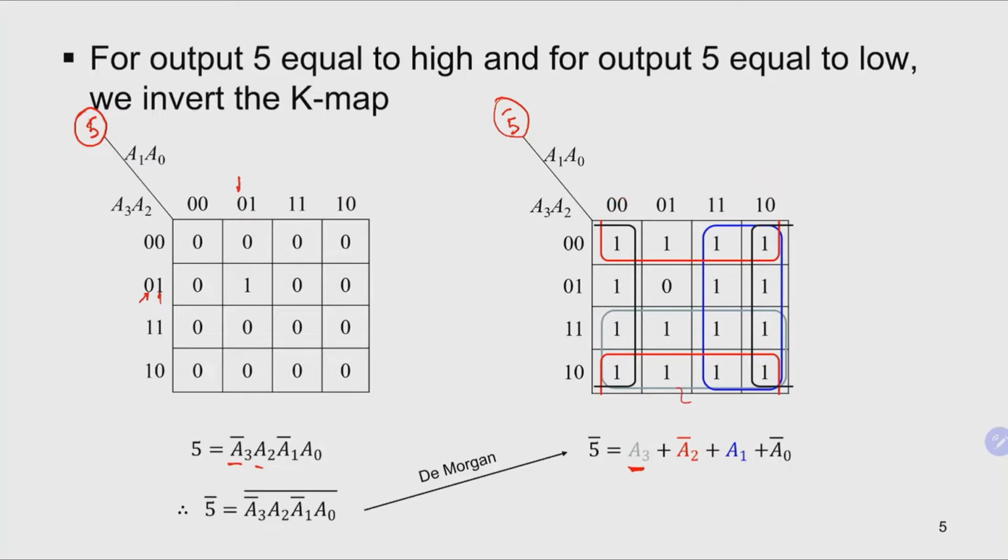So we have an A0 bar. So that is the output for our output 5 to be low. And you can show that between these two functions, you can apply De Morgan's, and you end up with this function here.